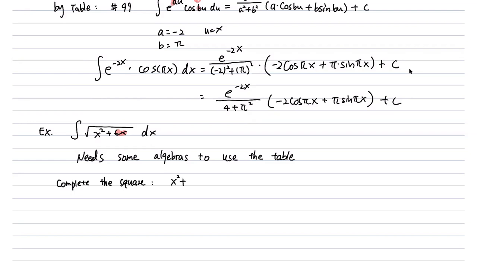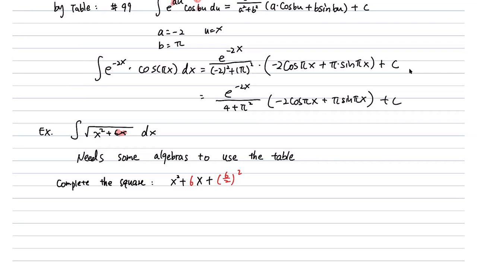So I have x squared plus 6x. Now, because I have this 6x, the term I will need to add is this 6 over 2 squared. Now again, if you already know how to do completing the square, that's perfect. Just bear with me.